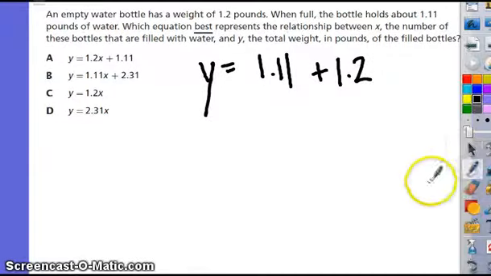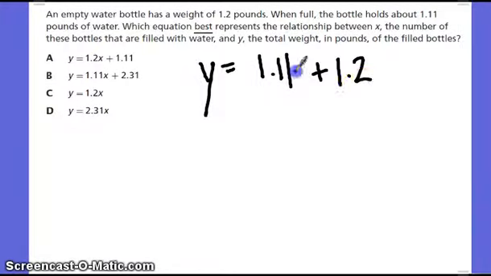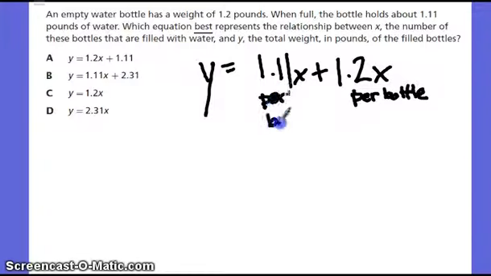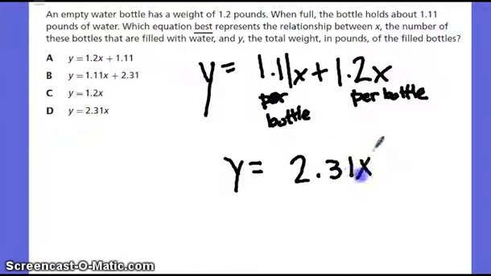And the answer to that riveting question is it goes in both places, because the 1.2 pounds is per bottle, and the 1.11 pounds is per bottle if each of them is filled up. It says the number of bottles that are filled with water, so these are like terms, and you're going to have a 2.31x here. Correct answer here is D.